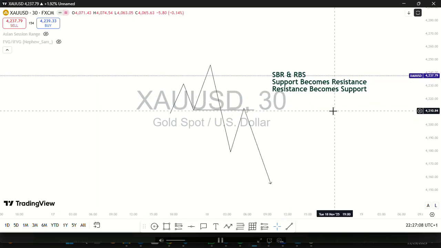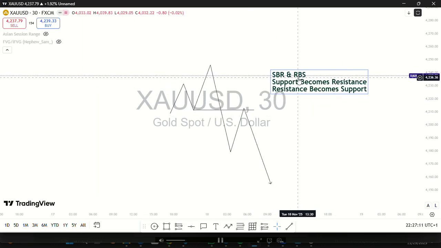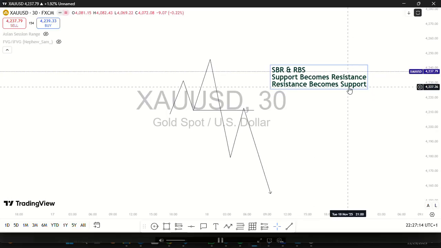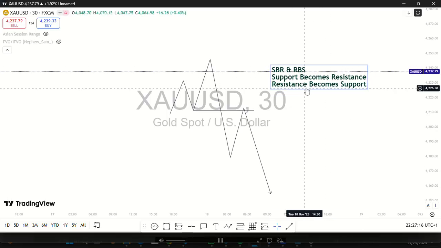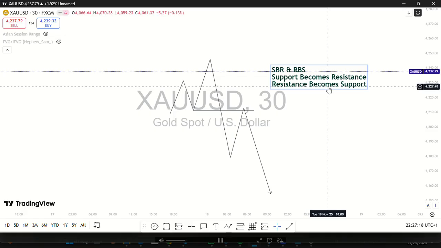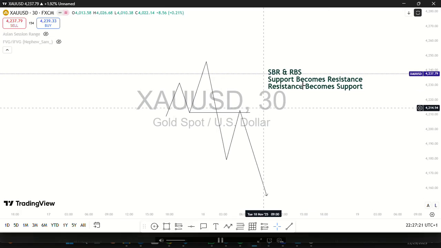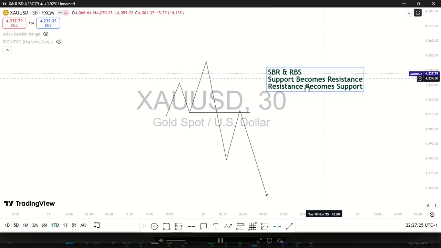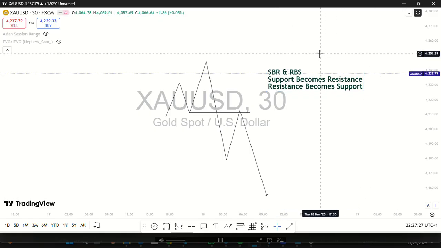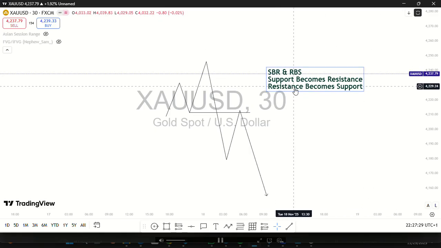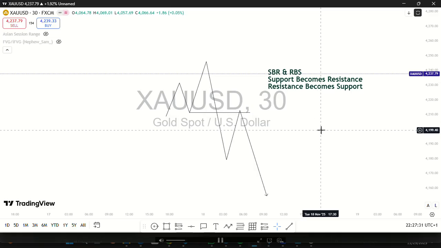The way I like to trade gold is supply becomes resistance, or rather, support becomes resistance, or resistance becomes support. SBR can also mean support break and resistance, which means there is a support level, price will break it, and that support now becomes resistance.